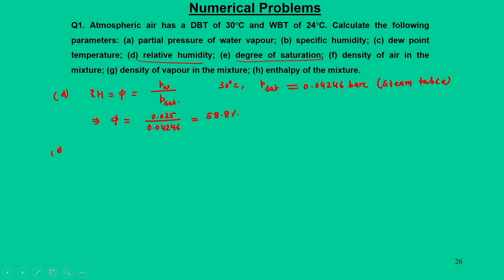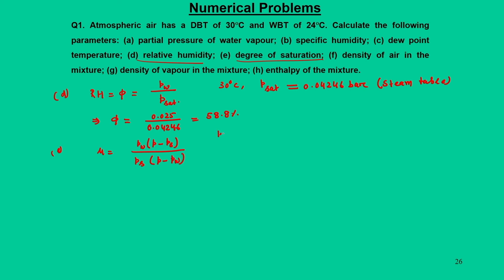Then E, degree of saturation. So, degree of saturation, it is mu, you recall our expression Pw into P minus Ps divided by Ps into P minus Pw.